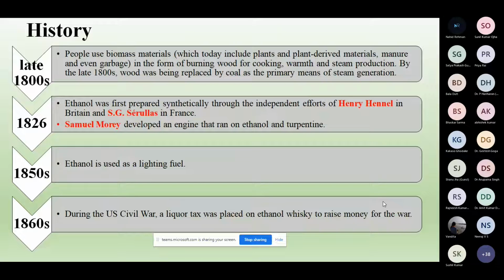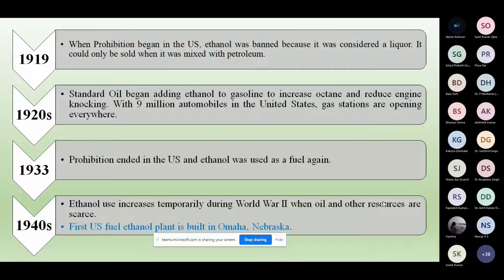And in the 1860s, during the US Civil War, a liquor tax was placed on ethanol whiskey to raise money for the war. In 1919, prohibition came into effect in the US and ethanol was banned, and because people consumed it as liquor, it could not be sold unless it was mixed in petroleum. So in the 1920s, Standard Oil began adding ethanol to gasoline to increase the octane number and reduce engine knocking.